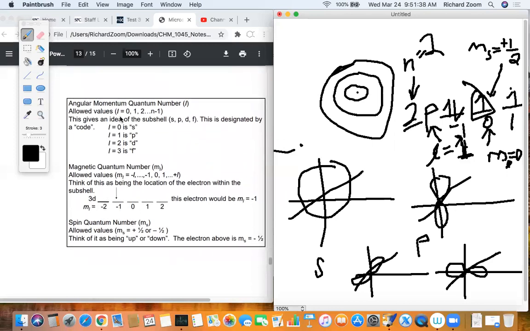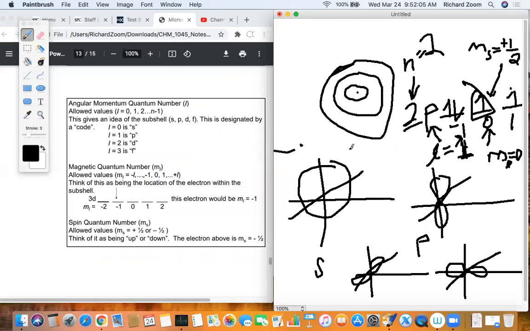The L value can range only from 0 up to n minus 1. So if n is, for example, 2, then the only allowed values for L would be 0 and 1. So we can have 2s or we can have 2p, but we can't have 2d, for example. That would not be an allowed value.